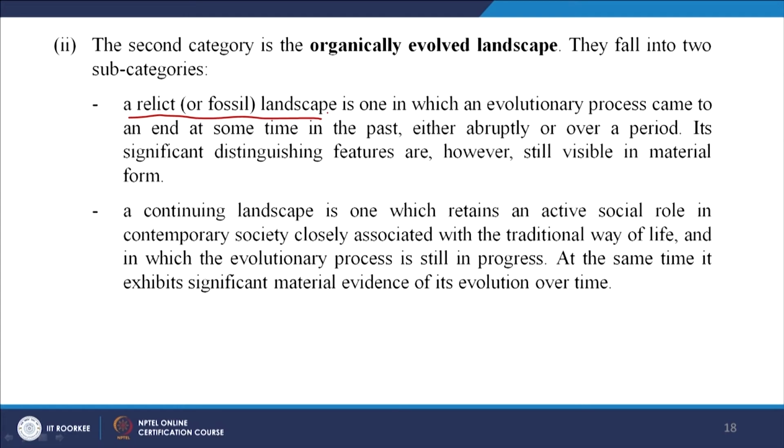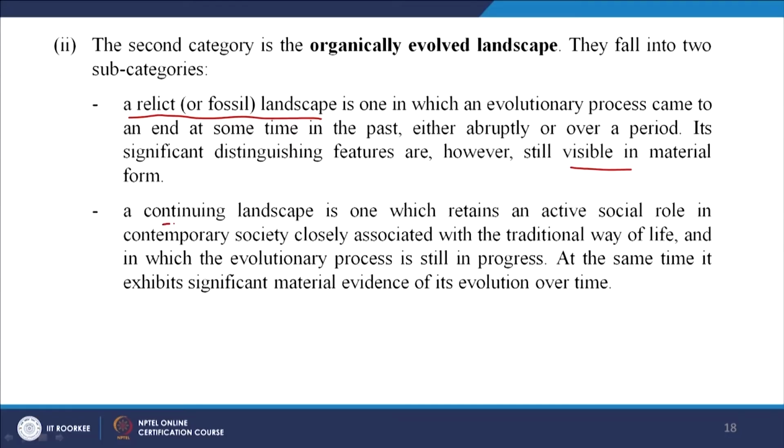Its significant distinguishing features are, however, still visible in material form. So you are talking about the ice age, the development of flora and fauna, and how they are still visible, where it might have stopped, or taken a different shape altogether, but is still visible.